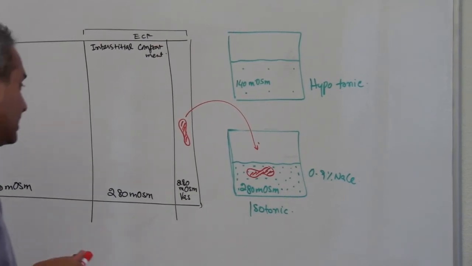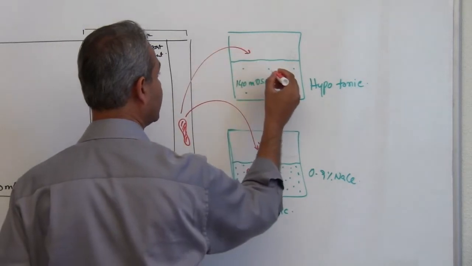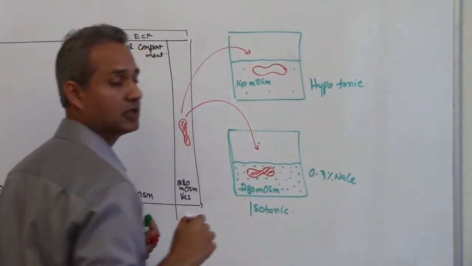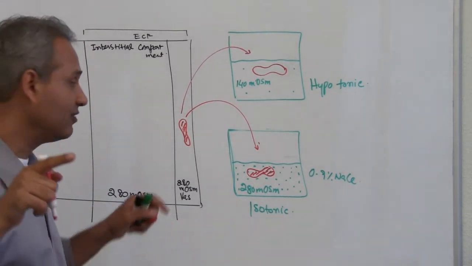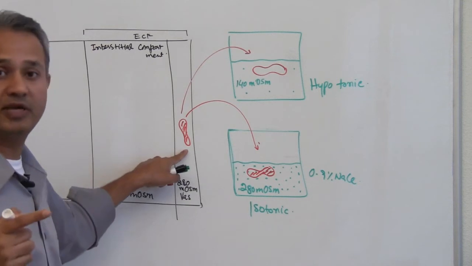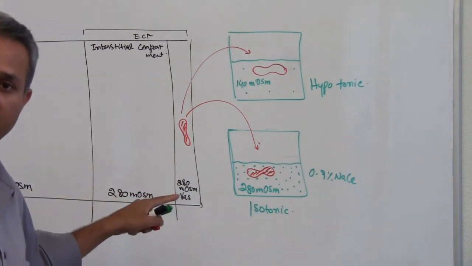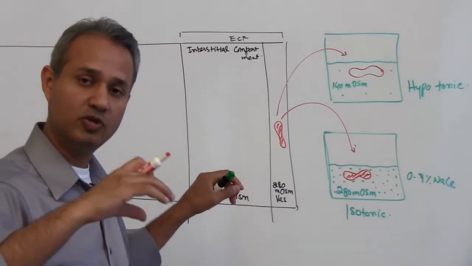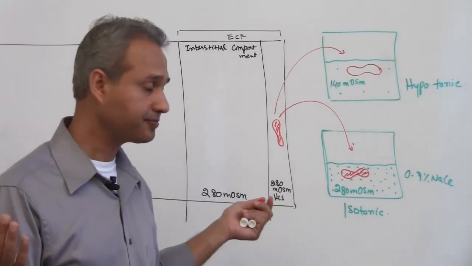Now what's going to happen? If I pick up the same little thing, the RBC, and move it in here, inside the RBC, the osmolarity was 280 milliosmoles. RBC is a cell as well. It has a cell membrane too. So inside the RBC, the osmolarity is going to be the same as is the osmolarity in the remaining system.